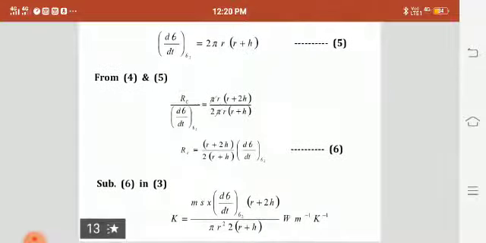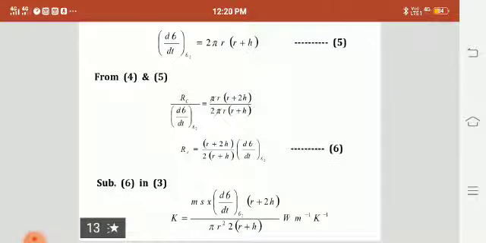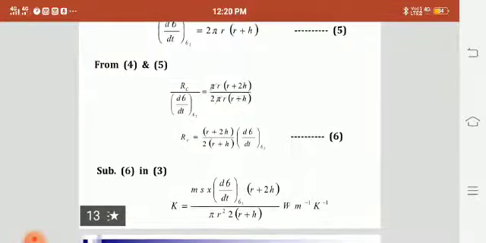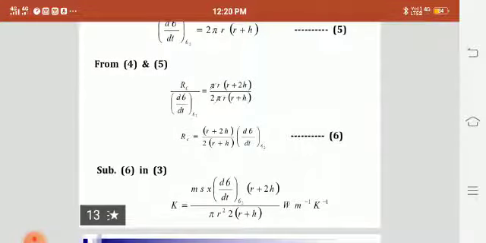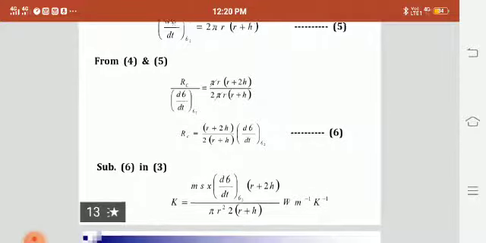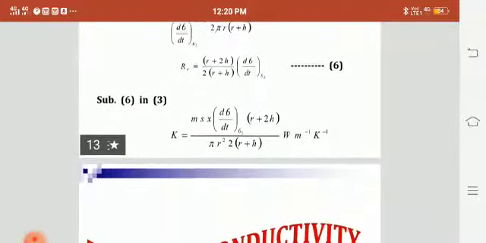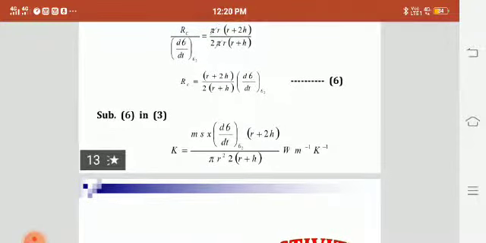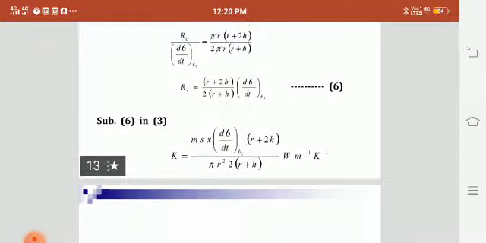From equation number 4 and 5, we get the RC value, that is r plus 2h divided by 2 into r plus h, into d theta by dt. Substituting this equation number 6 in equation number 3, we get K is equal to m s x d theta by dt into r plus 2h divided by pi r squared into 2r plus h.